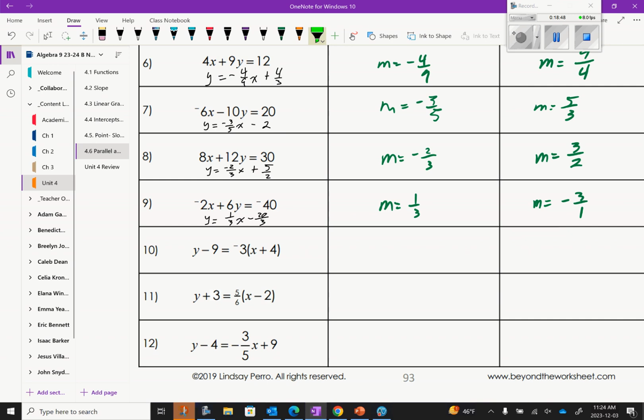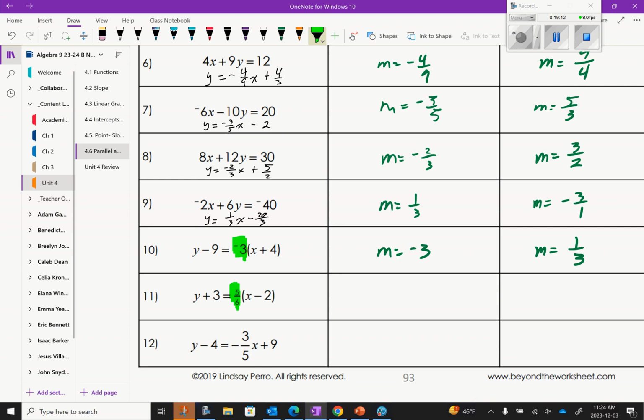We should be able to, without having to simplify the equation any, identify the slope there is negative 3. Any parallel line will also have a slope of negative 3. Anything perpendicular will be positive 1 over 3.